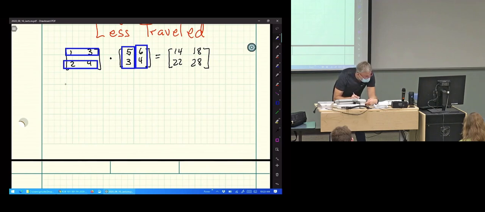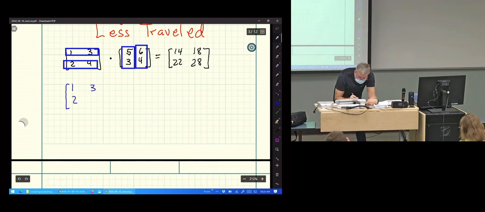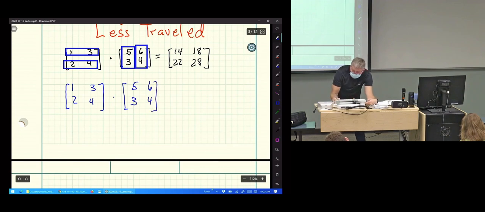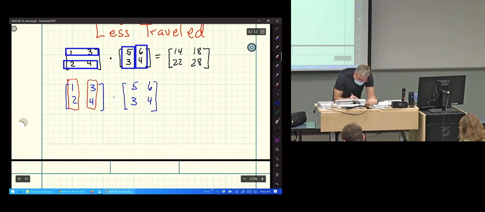Okay, so I'm going to do another one. Write this matrix down again. 1, 2, 3, 4 times 5, 3, 6, 4. And I don't have another color, so I'll just draw my boxes myself. And I'm going to divide this thing into columns instead of rows.